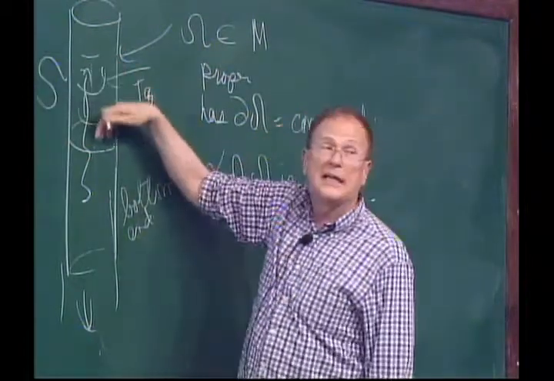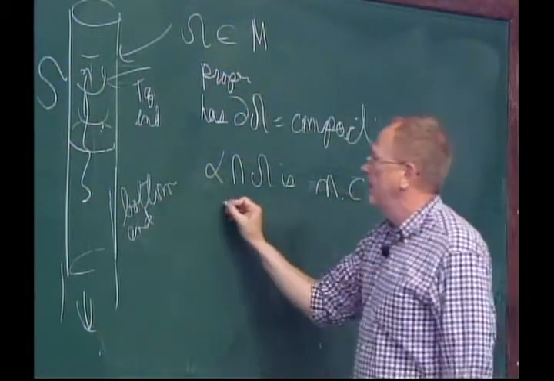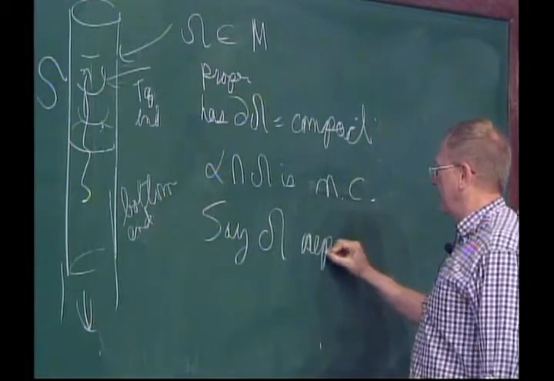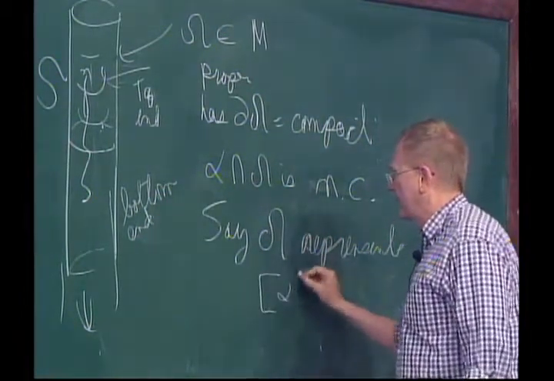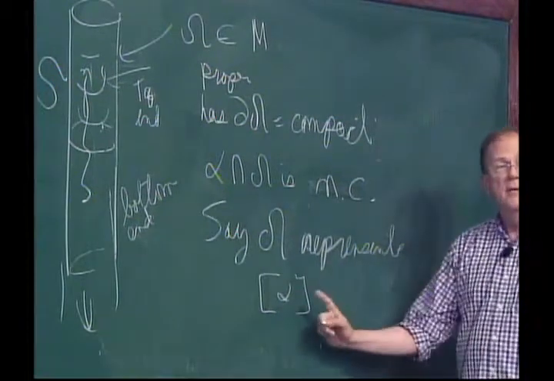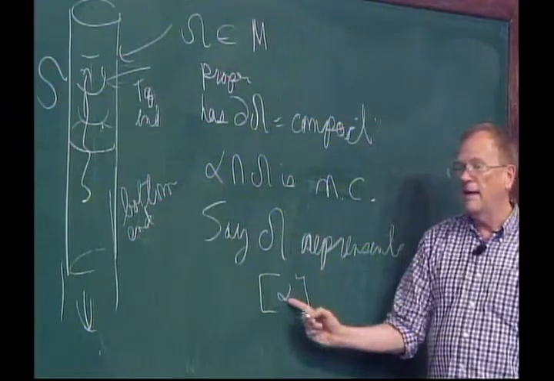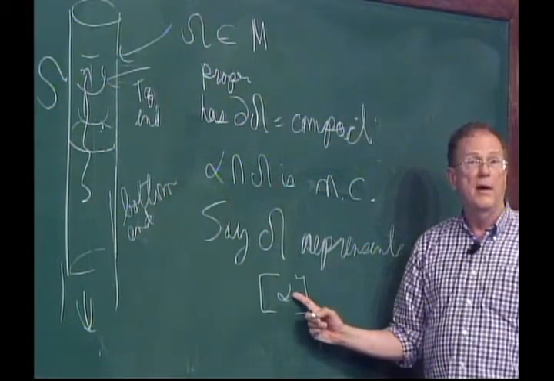So this would be like the top half. Okay? And if that's true, we say that omega represents the equivalence class of alpha. Remember, the ends are equivalence classes, and we say that omega represents this end associated to the proper arc.